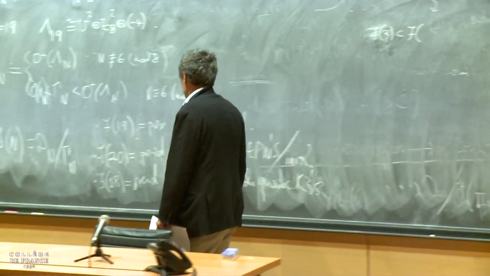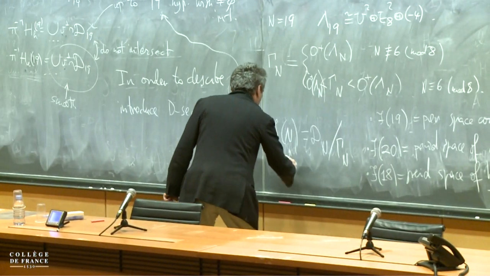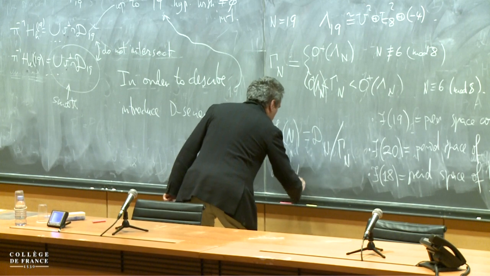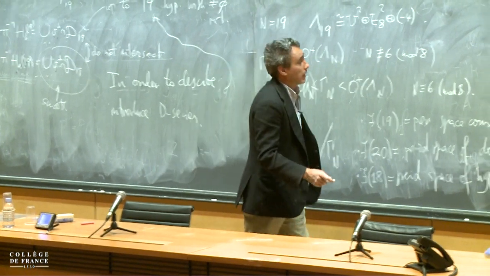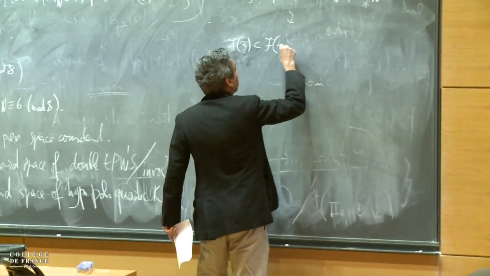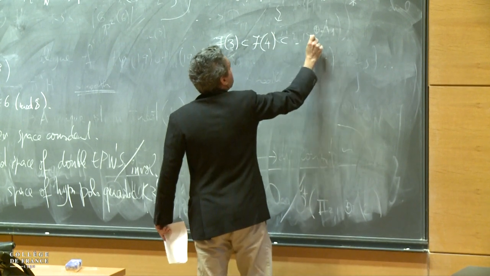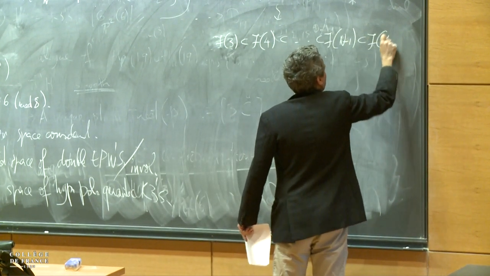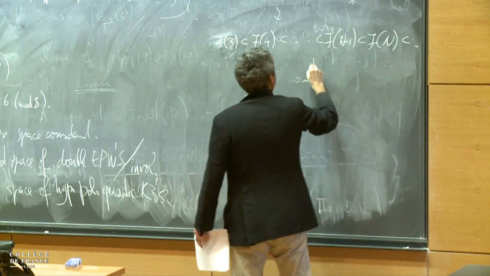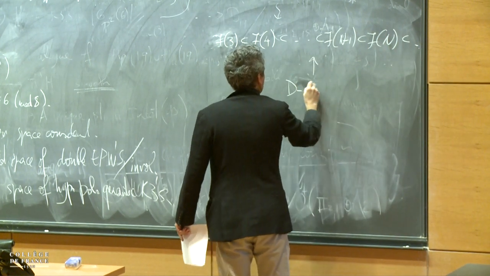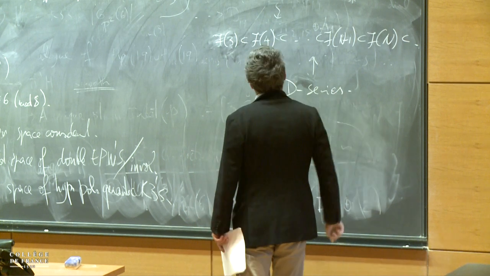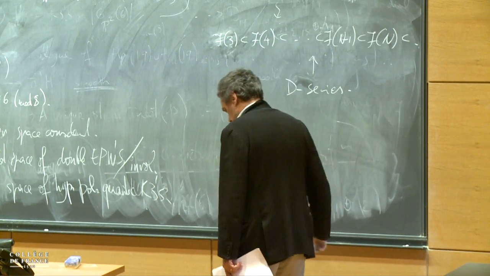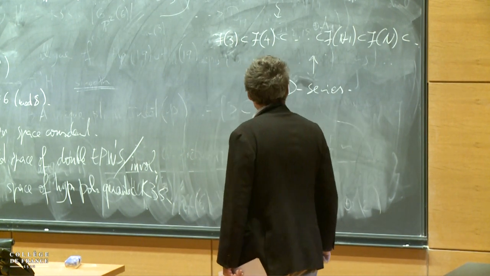This has dimension n, okay? And so on. So we have this infinite series of locally symmetric varieties, one included into the next one.